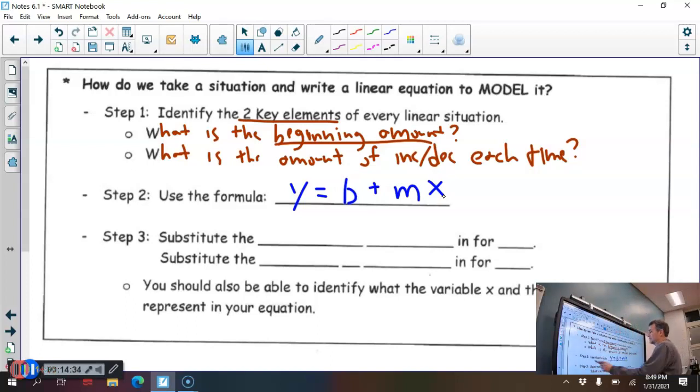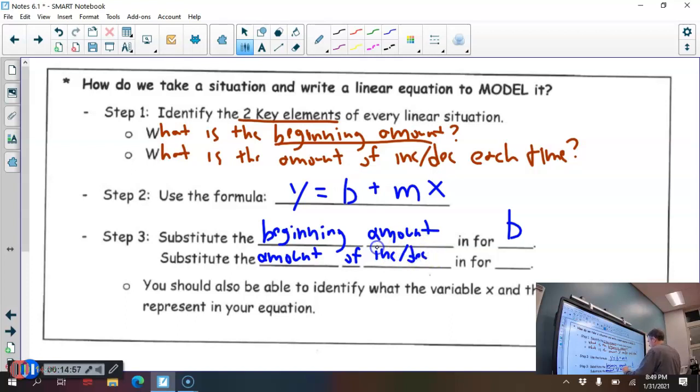All right, so step 2 is to use the formula, and step 3 is substitute the beginning amount in for b, and substitute the amount of increase or decrease in for m.